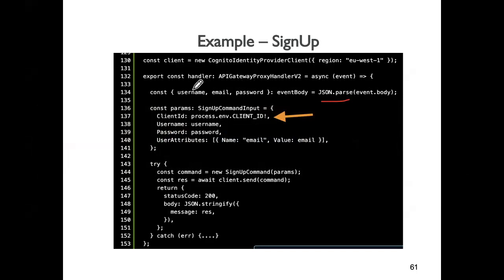So I'm just extracting from the JSON object my username, email, and password. Now, the way this Cognito client works, it's actually designed very similar to the way the DynamoDB client is designed, and that was intentional on the part of the AWS people so that it's easy for us developers to use.